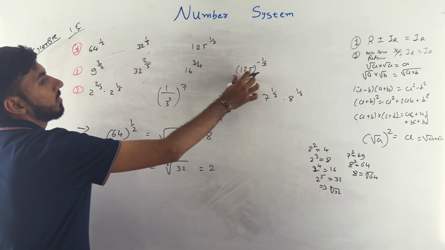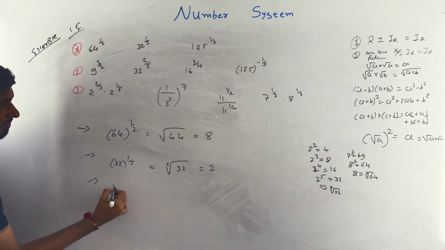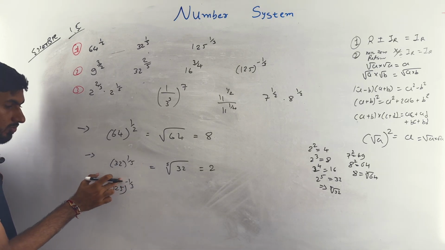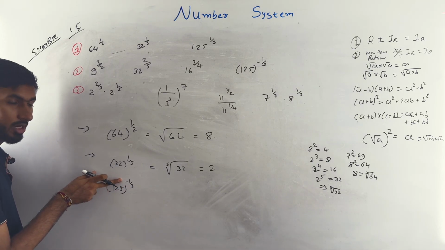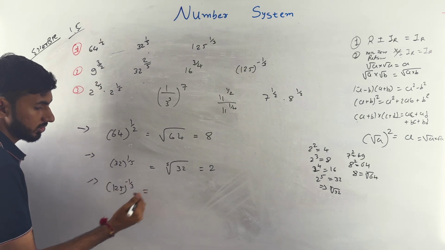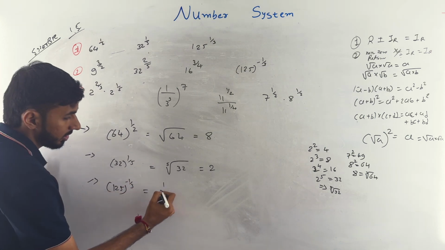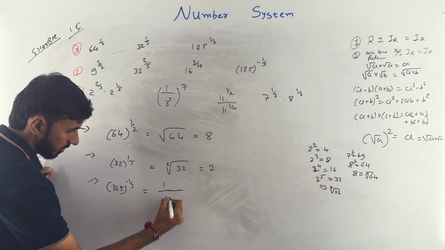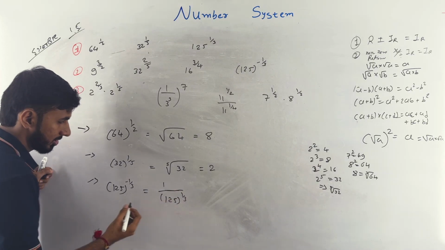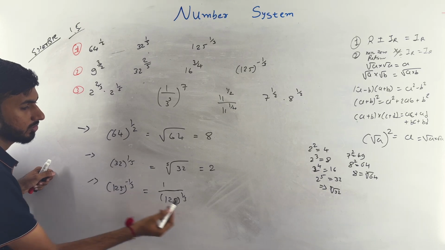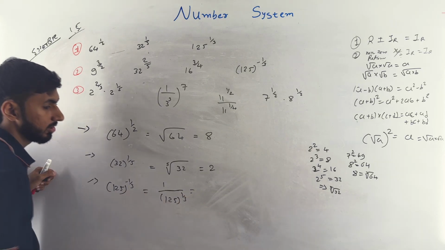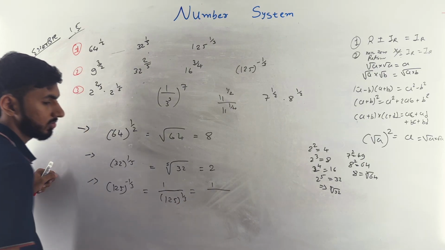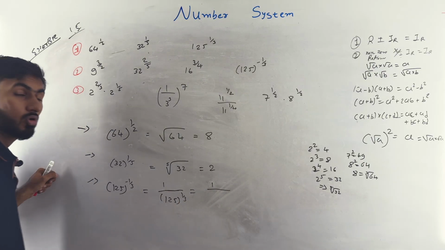Now for the third, 125 power minus 1 by 3. When the power is in the negative form, to convert it to positive, what we will do is just write it in the denominator, right? So 1 upon 125 power 1 by 3. If I want to remove the negative sign, I have to write it in the denominator, right? So now 1 upon 125 power 1 by 3, that is 1 upon the cube root of 125.